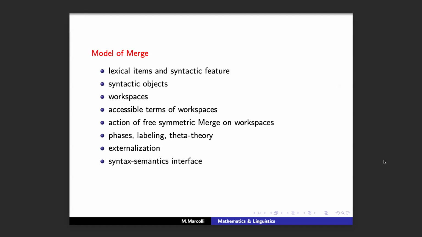On top of that, there's additional linguistic data that I'll talk about more later. They're called phases, labeling, and theta theory. So phases are the fact that you build substructures, and certain substructures are kind of complete in themselves.